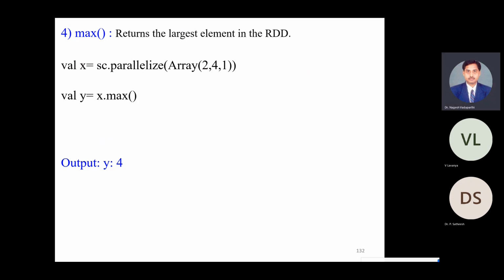Then y is the output variable. y is equal to x.max, which is an action. So the x value is 2, 4, 1 and y is equal to x.max. So it will print the largest value, 4.